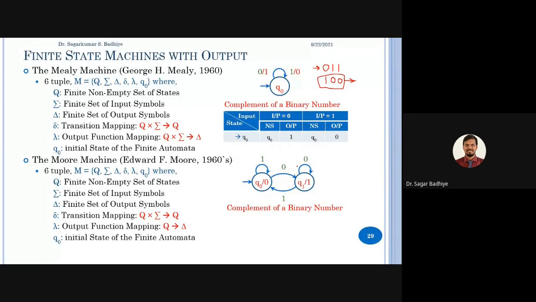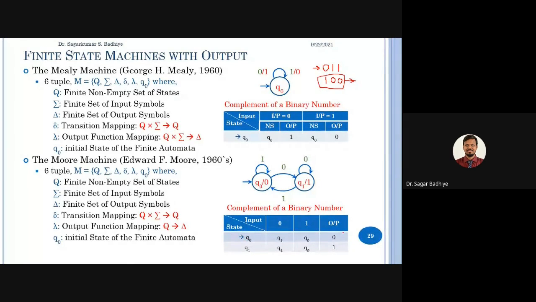So now this is a Moore machine that will get a binary number as input and produce its complement as output. We'll see an example later. The same machine is represented by this transition table. Now in the transition table over here, we have a single output because the output is dependent on the state, right?